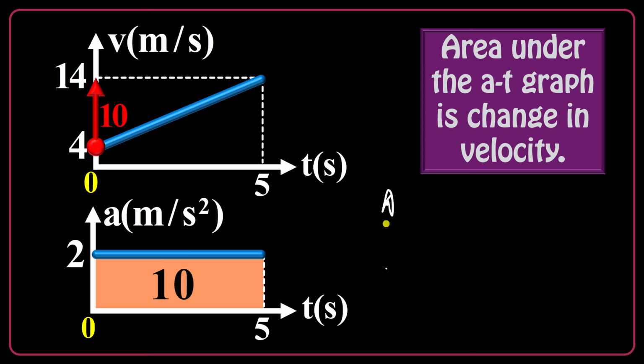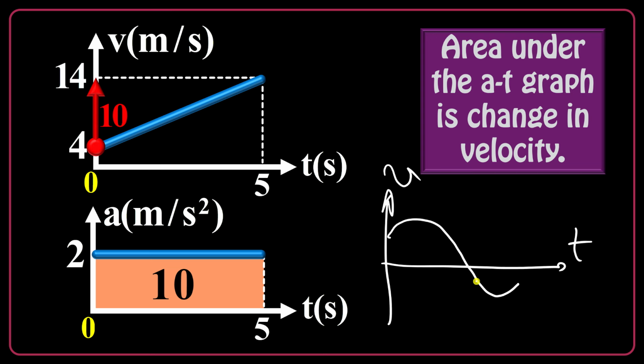It depends. For instance, suppose that the VT graph is given like this. Okay, part of that is above the t-axis, part of that is below the t-axis. What should I do in this case? Okay, suppose that here the area under the graph is maybe 23, and here the area under the graph is, let's say, 3. Okay, what does it mean?